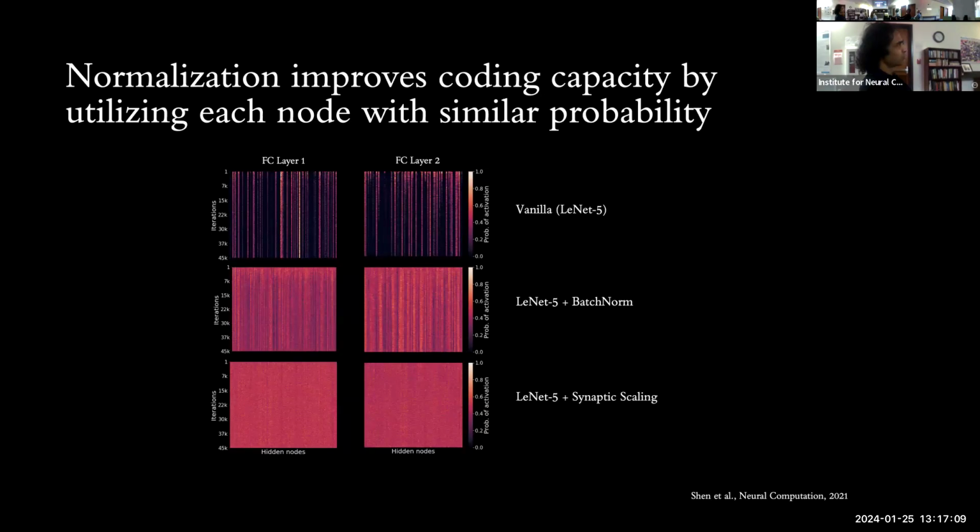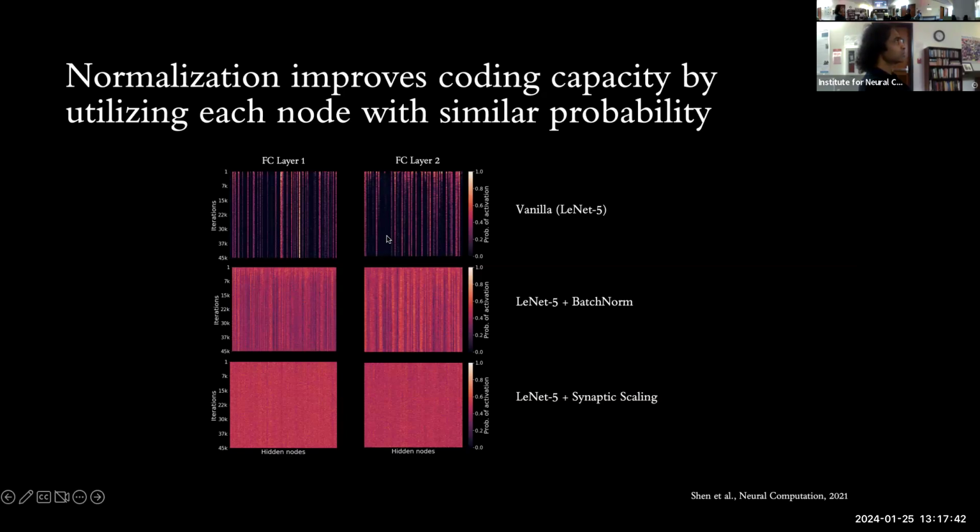So to paraphrase, what this means is that batch normalization and also synaptic scaling can increase the coding capacity by utilizing each of these neurons with similar probability, and increase the number of data points that can be coded into this network.